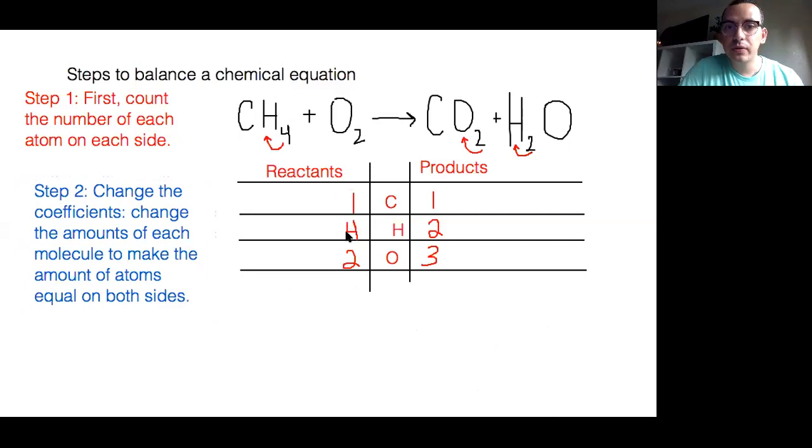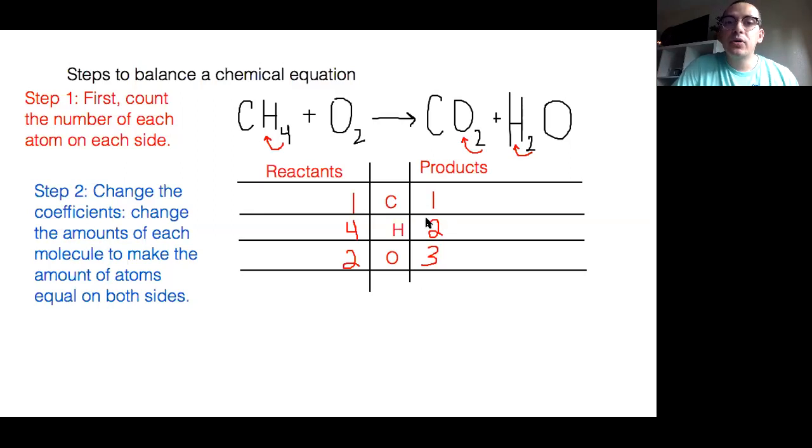We've got 1, 2, 3, 4, 5, 6, 7 atoms here. And we ended up with 1, 2, 3, 4, 5, 6. So where is the change coming from? Because nothing gets made, nothing gets destroyed. The law of conservation of mass says everything has to get conserved.